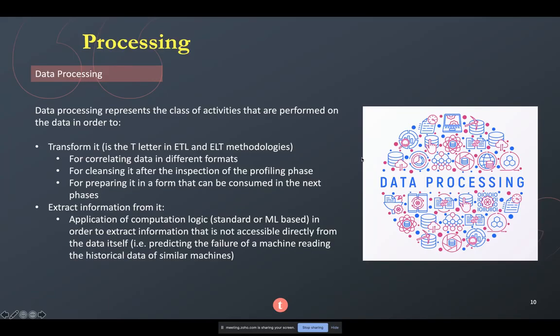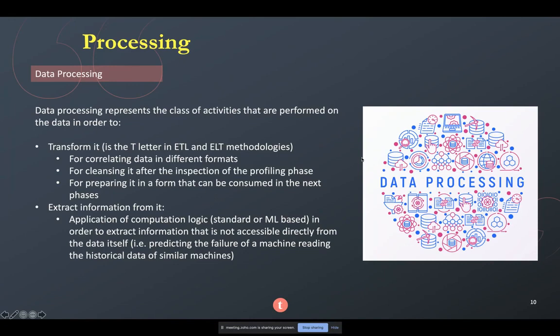The only difference is that in ETL, you first extract, then transform, and then you load the data, so you write the data into a specific target, while in ELT, you extract the data, you load it somewhere, in a storage that can be used for the processing, and then you transform it.